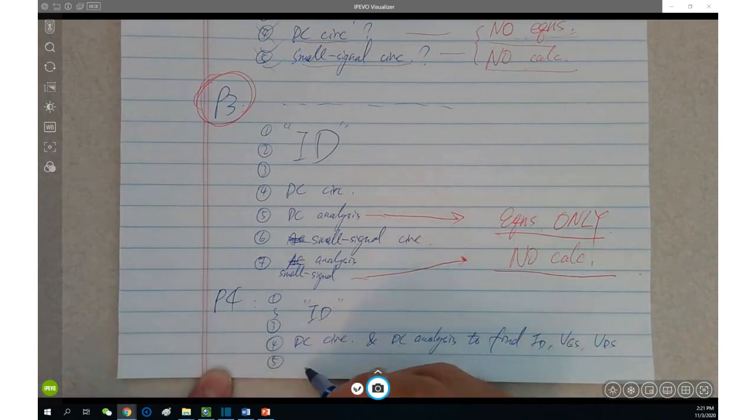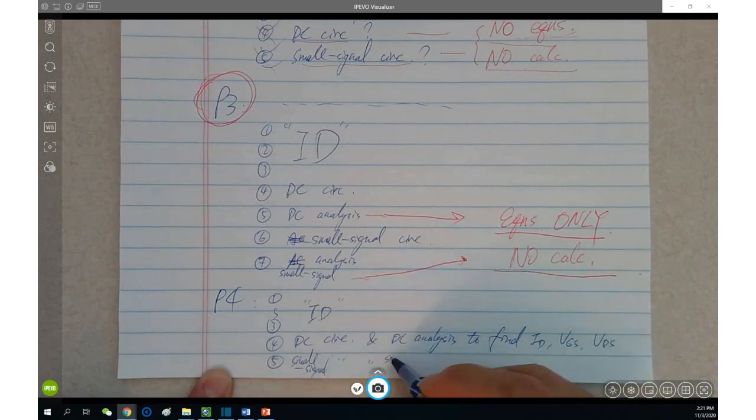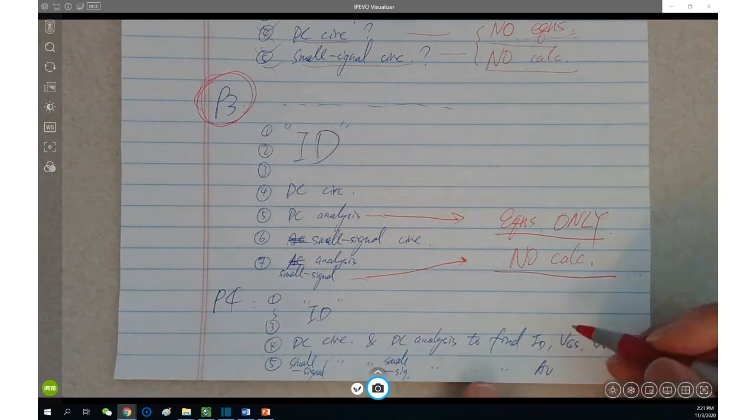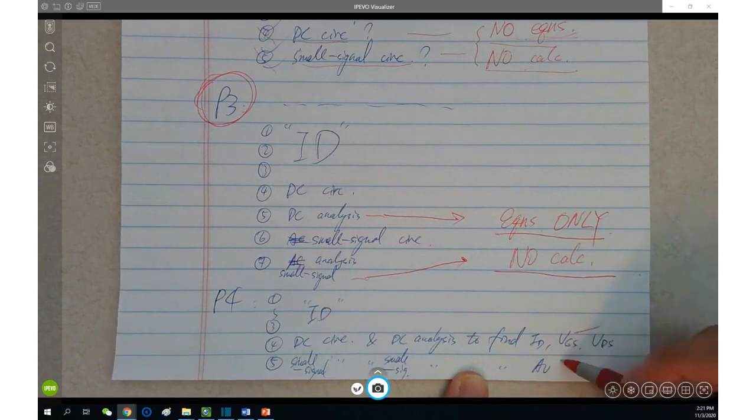Next is a small signal circuit and small signal analysis to find gain. So this problem pretty much means equations and calculations.